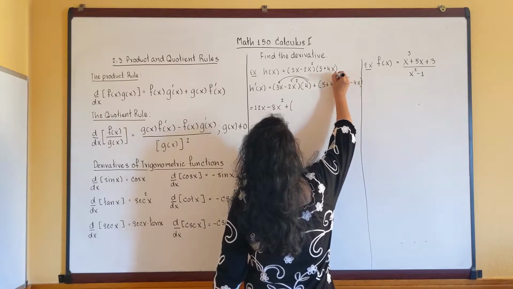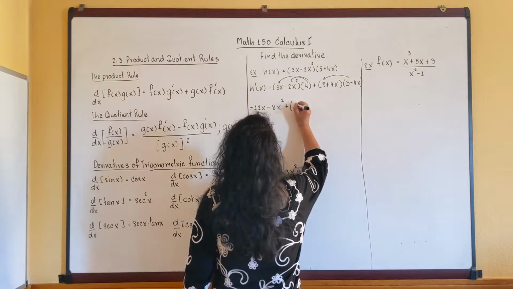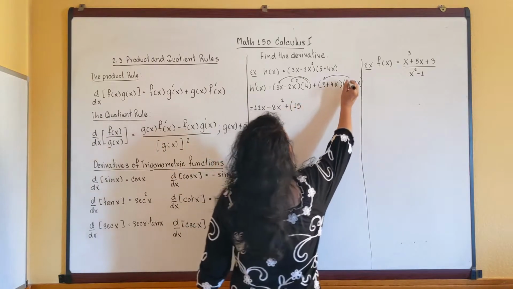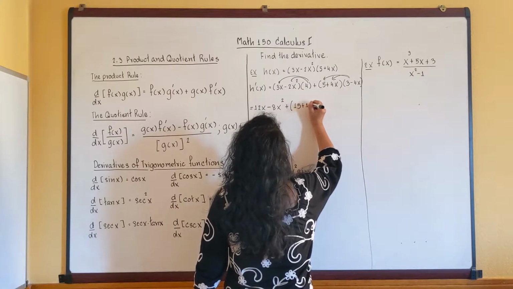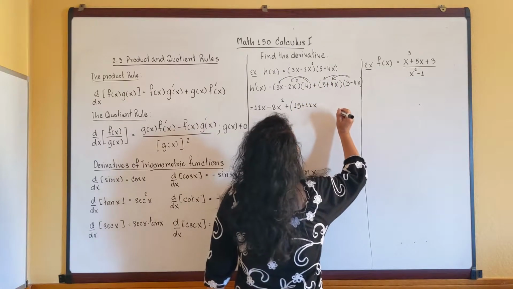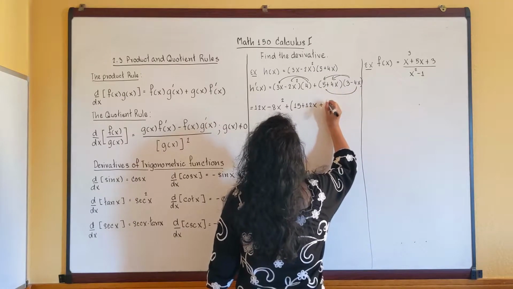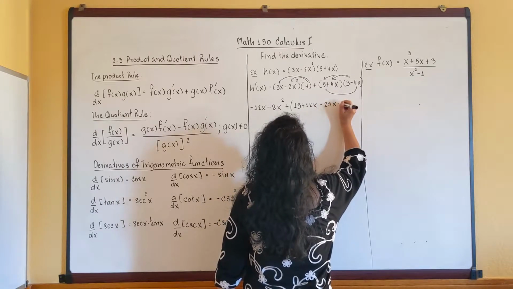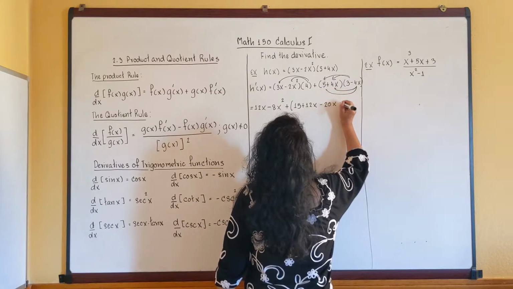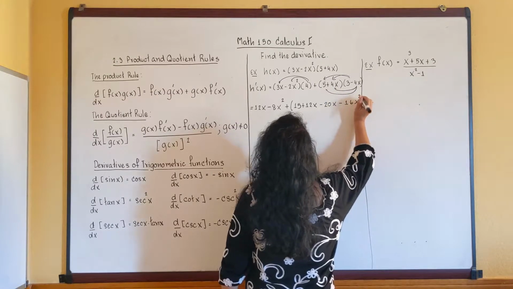Now the second term here, I'm going to use distributive again. So that is 15 plus 12x minus 20x minus 16x squared.